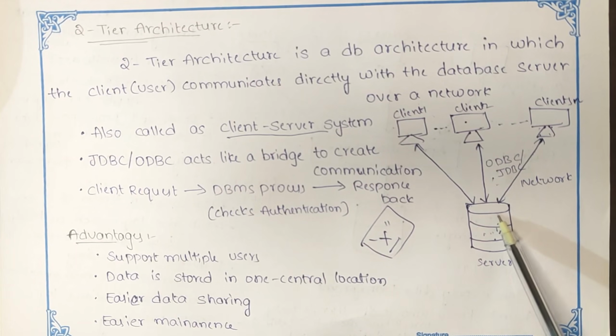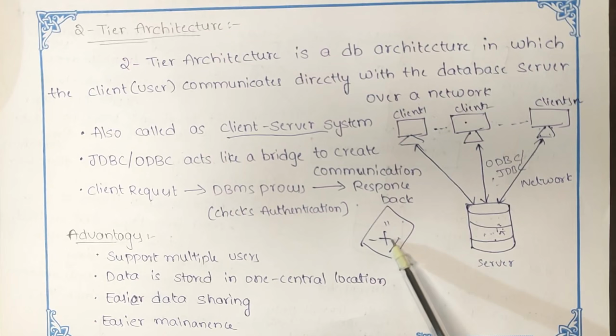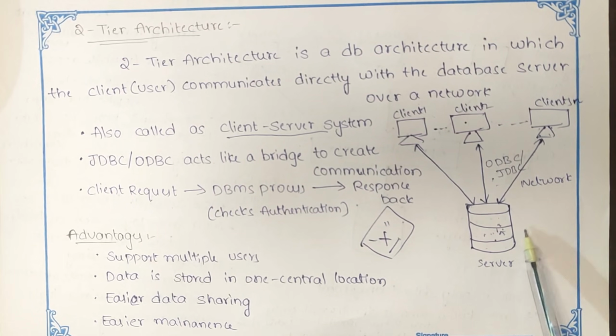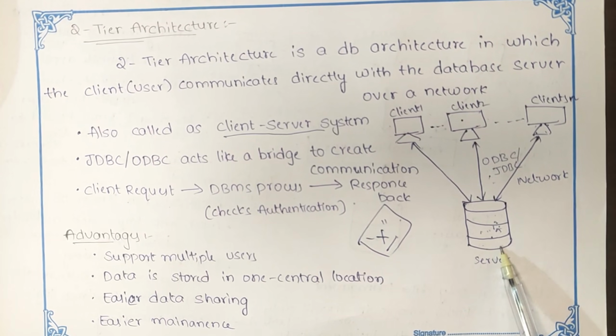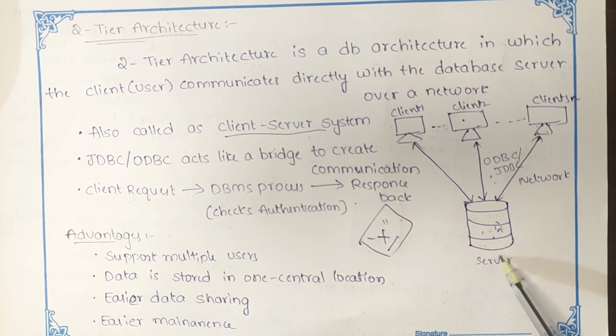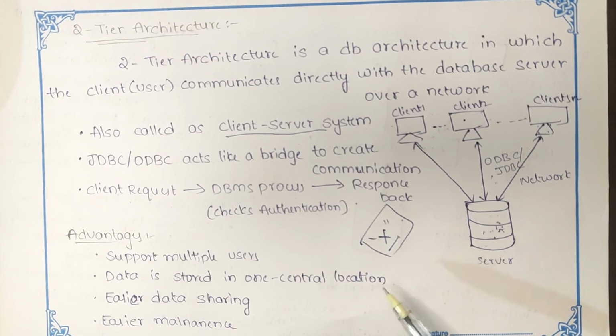It reaches the database first, and then the DBMS checks whether the ID named X is present inside the server or not. It checks its authenticity, like whether it is an original ID, whether the student is from that college or not. It will check and give the response back to the client. If it finds the user is authenticated, like the user is legitimate, it sends the details back to the client.